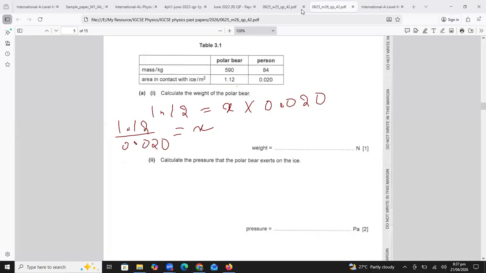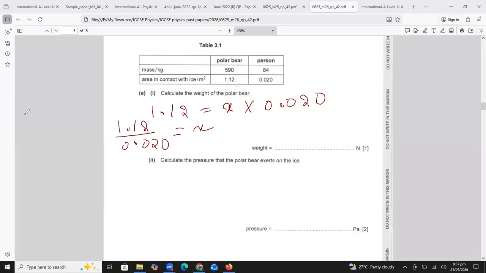56. Well done. 56. So basically, the surface area which polar bear is making with the ice is not Pascal, beta. Zurur, we cannot write Pascal because we are just finding the number that how many times area of contact of polar bear is greater than the area of contact of a person.